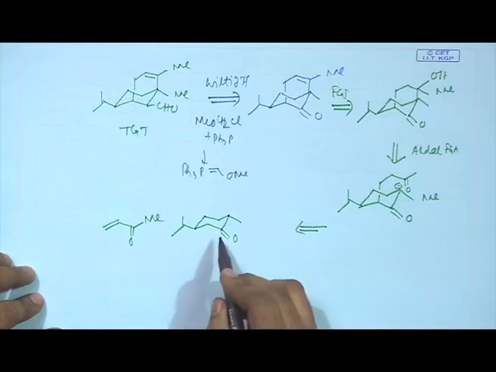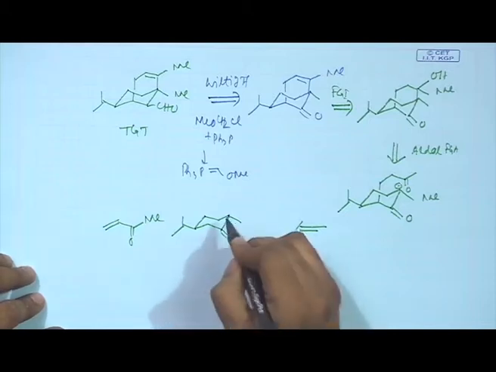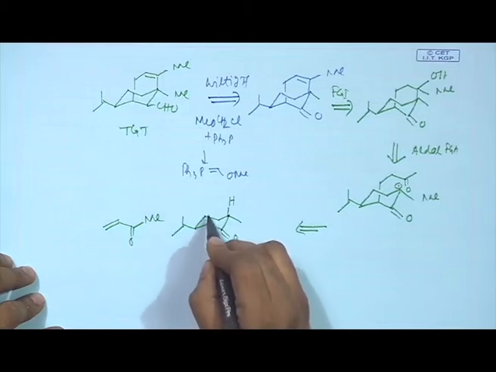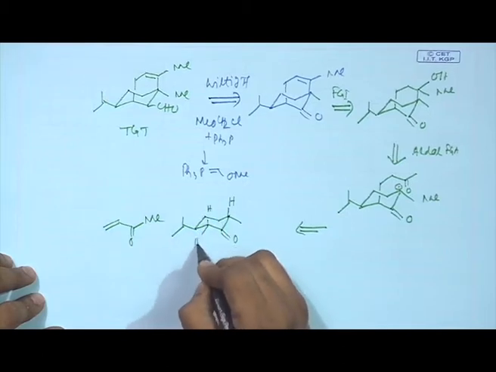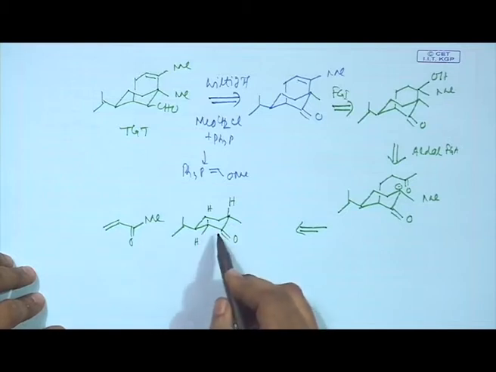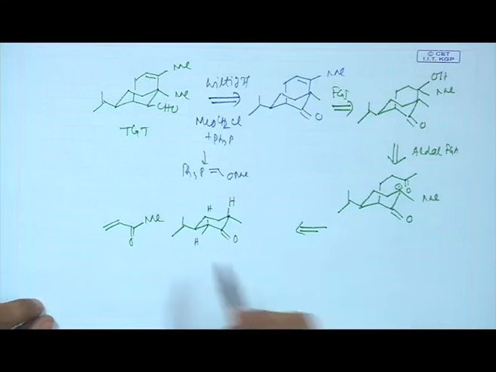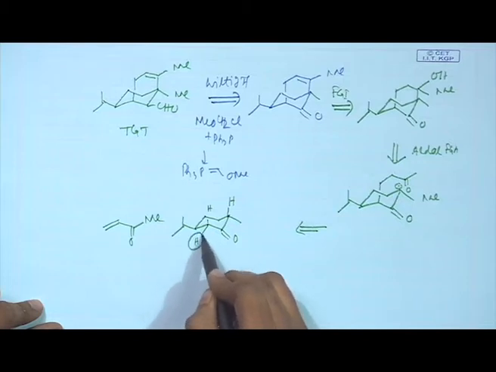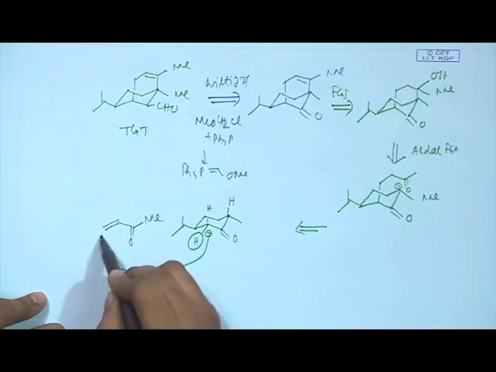Now, how? This compound is having one hydrogen here and two hydrogens here. So, you can basically generate the enolate depending on your reaction condition, you put a carbanion here by abstracting this hydrogen. Now, this carbanion will attack in a Michael fashion.